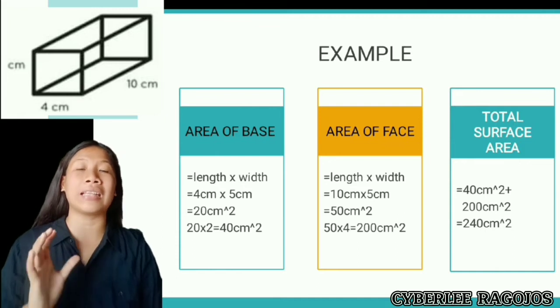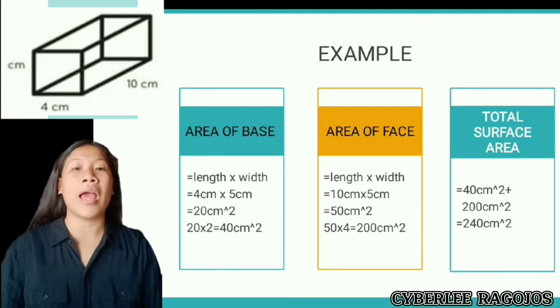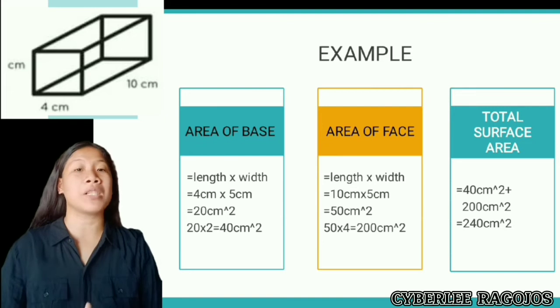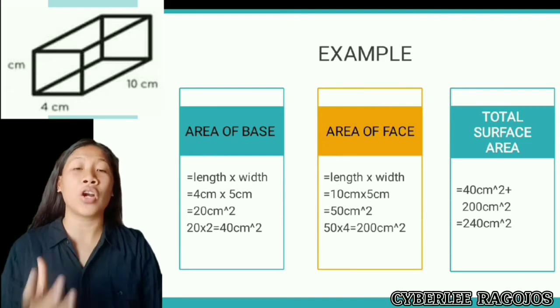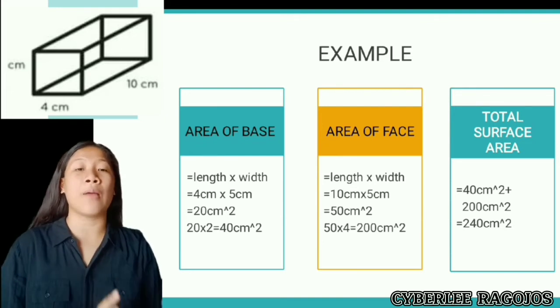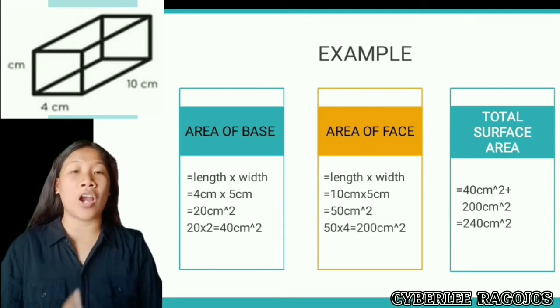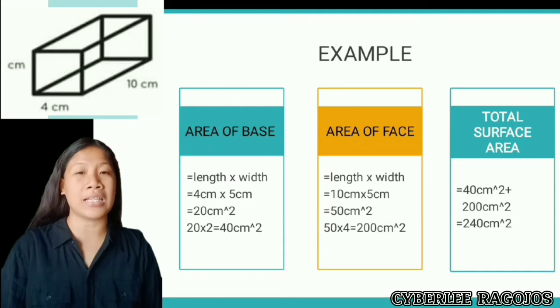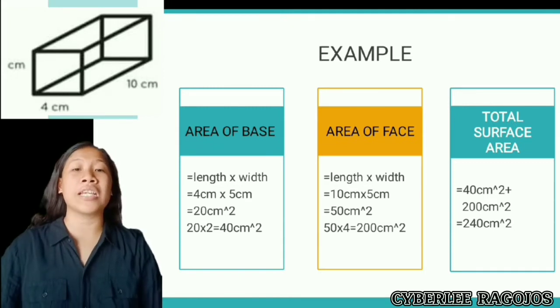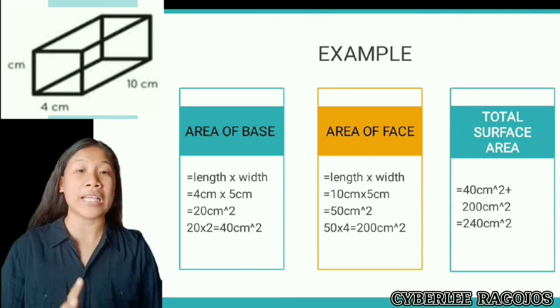So, ang length natin is 4 cm and ang width natin is 5 cm. We multiply 4 cm times 5 cm, which is 20 cm squared. This is the area of one of the bases. So, the area of both bases added together is 20 times 2, which equals 40 cm squared.